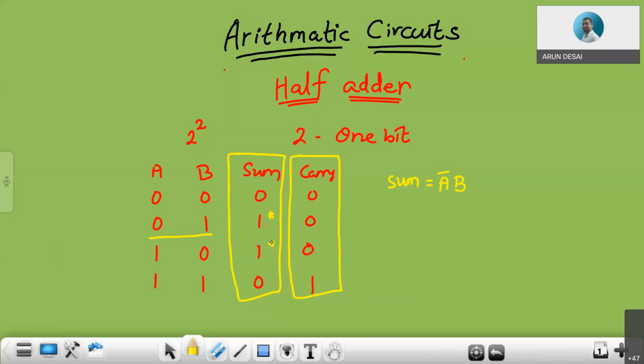Again, for the third row, it is also true, so A plus B complement. In that case also, it is true. So this is our expression for sum.